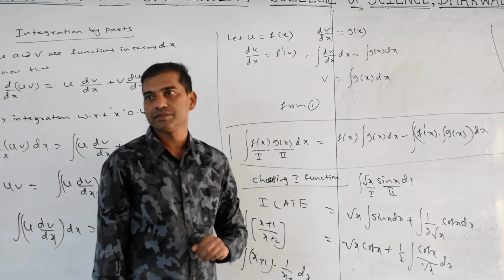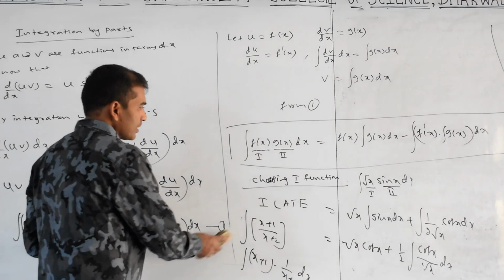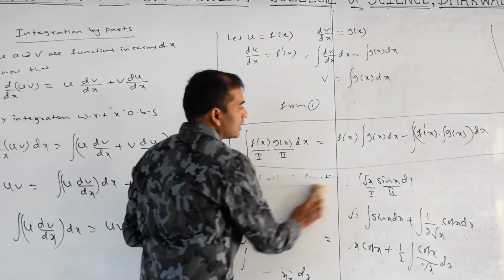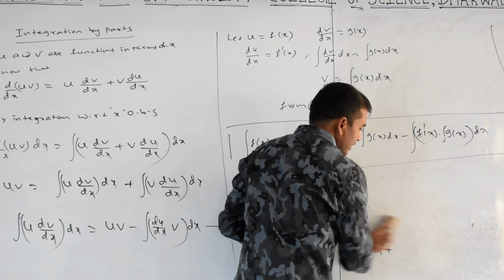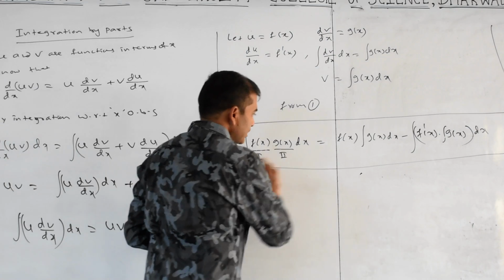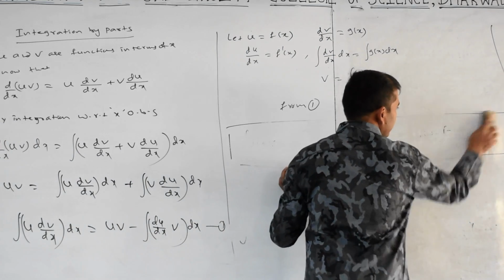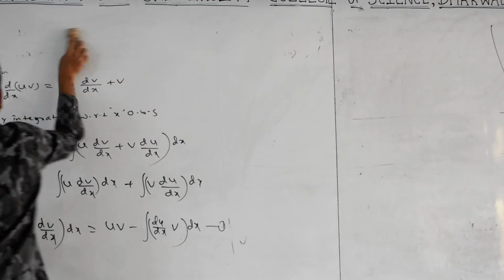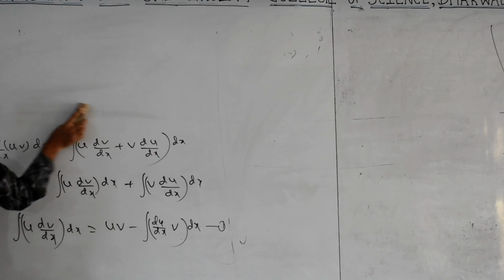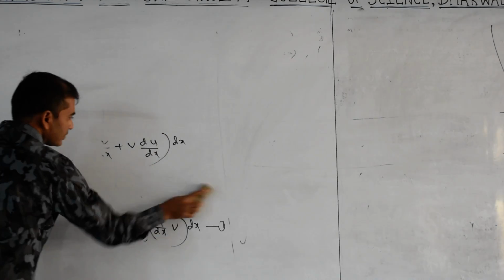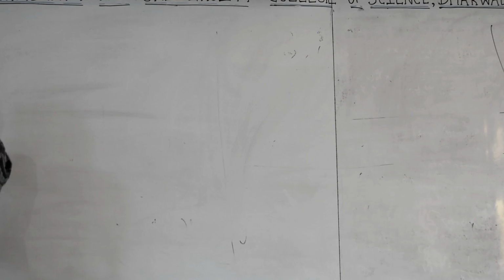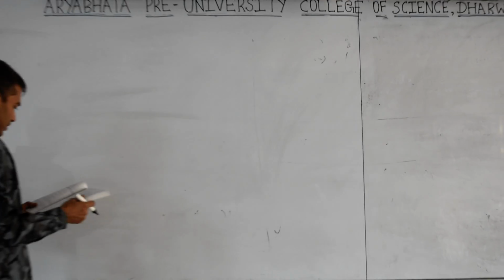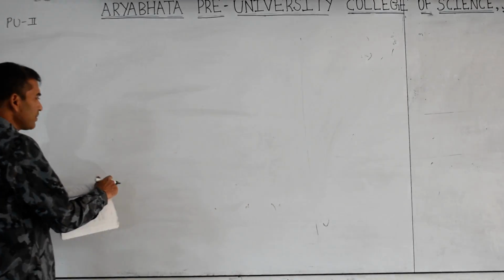For choosing the first function, use the rule LIATE: first inverse trigonometric functions, next logarithmic, next algebraic, trigonometric, then exponential functions. So with this product rule for integration, we can find only a few functions.